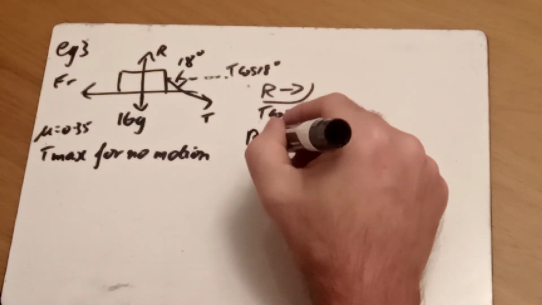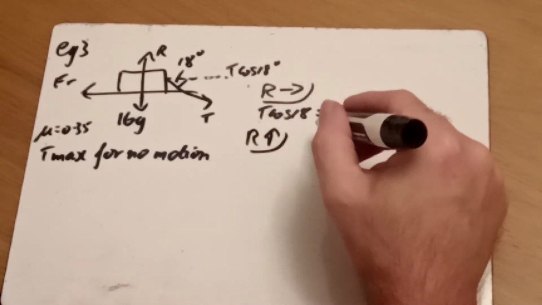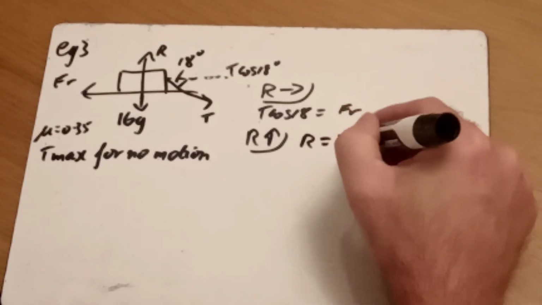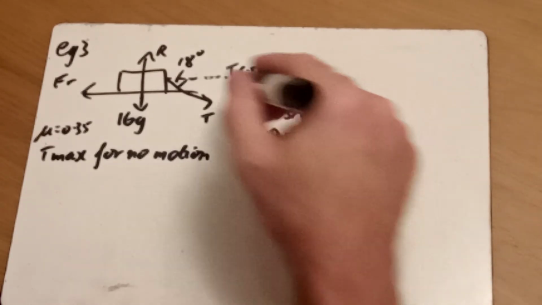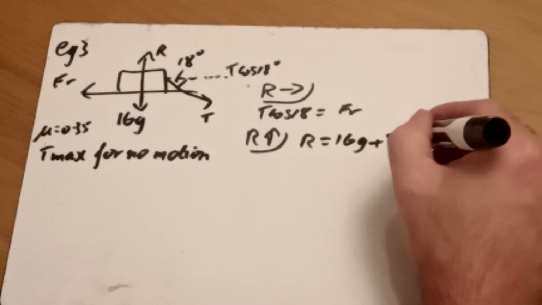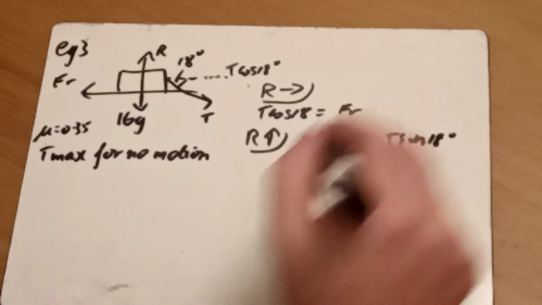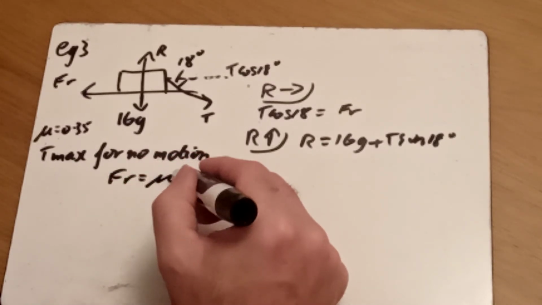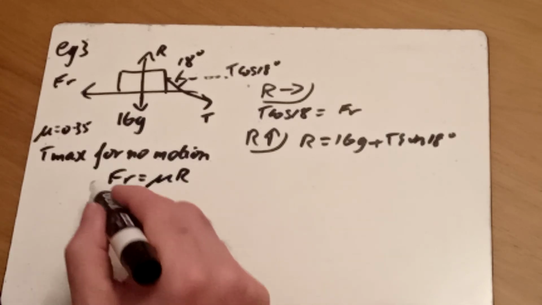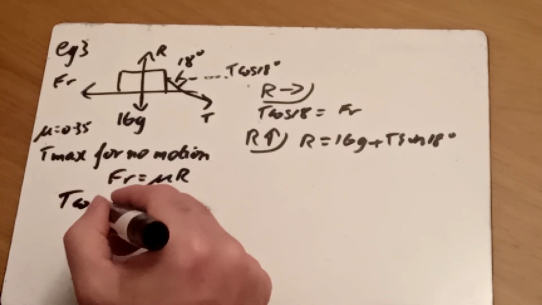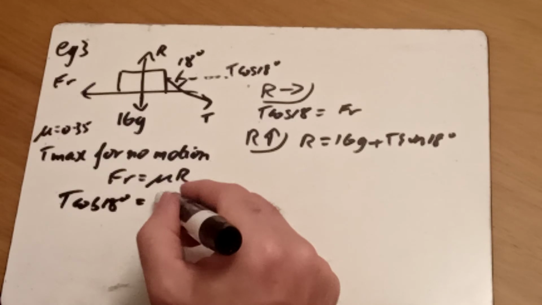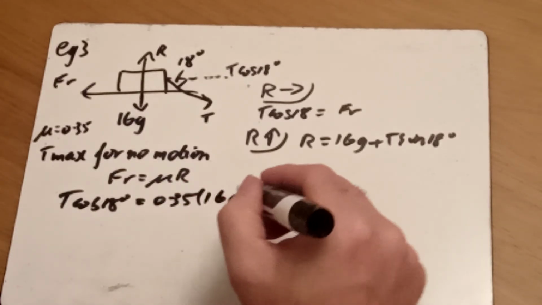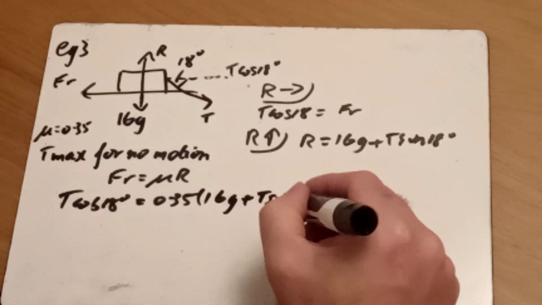When I resolve vertically, I've got R going up equals 16g plus, since that was T cos 18 horizontally, this is T sine 18 degrees there. And I'm going to be using friction is equal to mu R because I'm after the maximum value of T. So friction is T cos 18 equals 0.35 times 16g plus T sine 18.